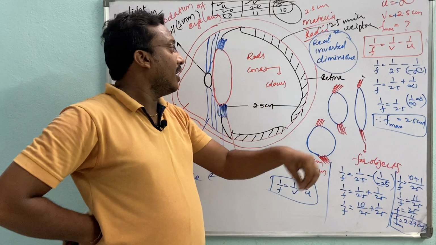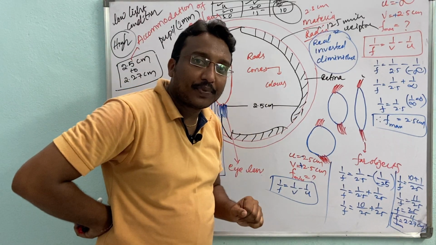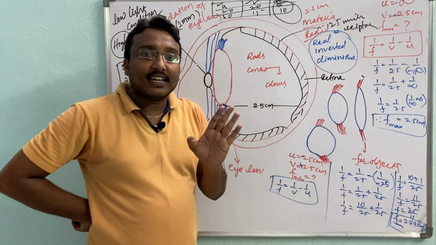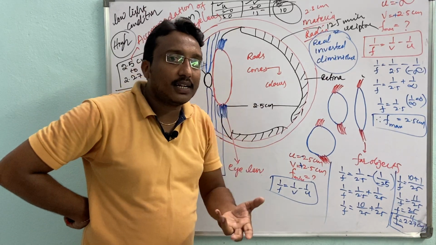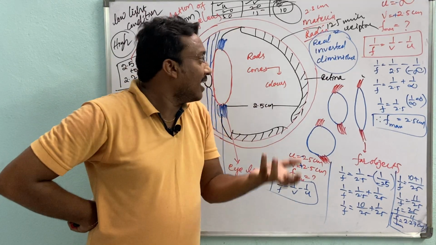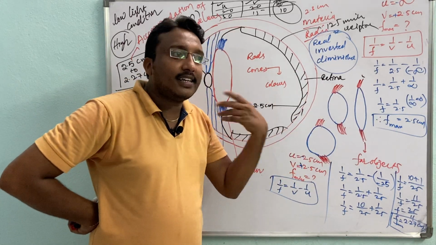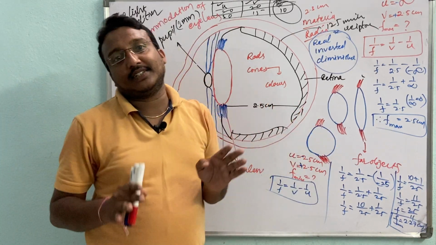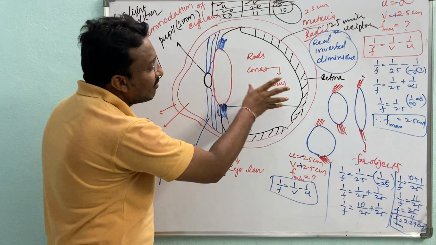The colors are sensed by the cones only, right? If any person has no cones in the retina, what happens? All objects appear in black and white. Then finally his eye becomes a black and white TV.